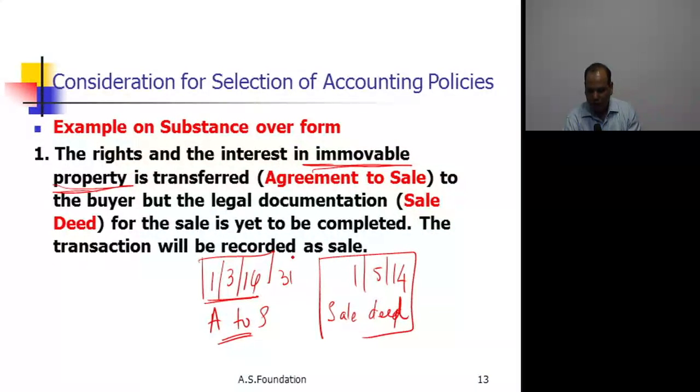बीच में year ending date आ गया 31st March. How will the transaction be recorded in the books of the buyer and seller of this immovable property?